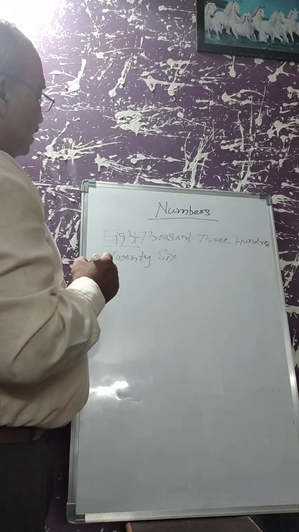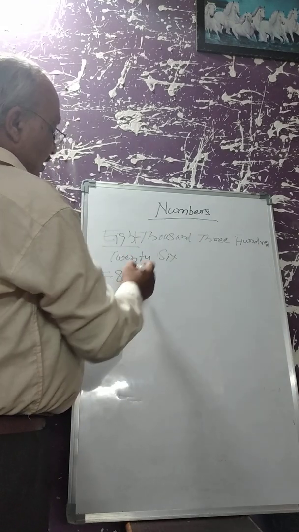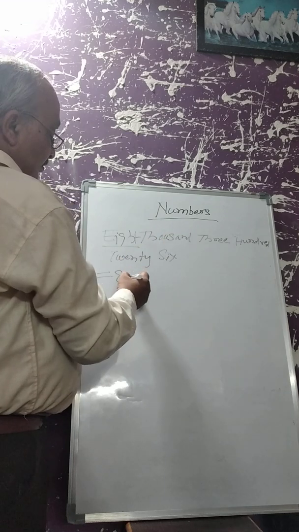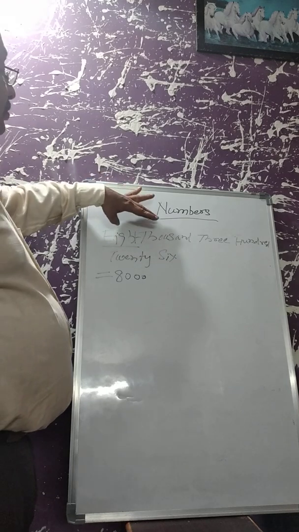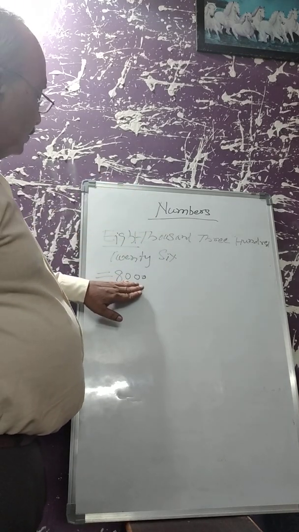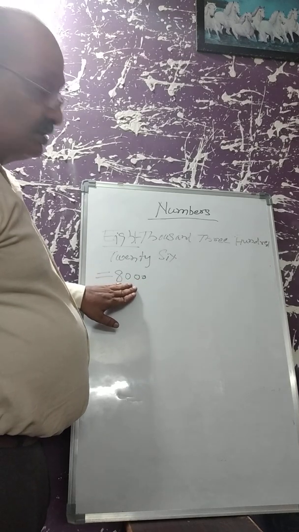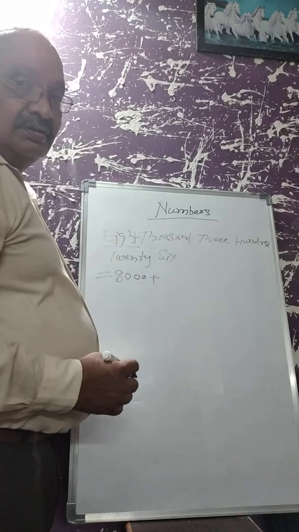This is 8,000. So write 8 and the place is 1,000. 8,000 means altogether a 4-digit number is there. So it will be 8,000. Give a plus sign.